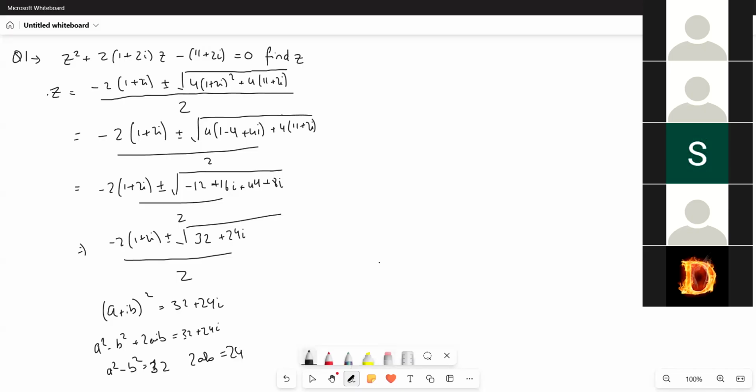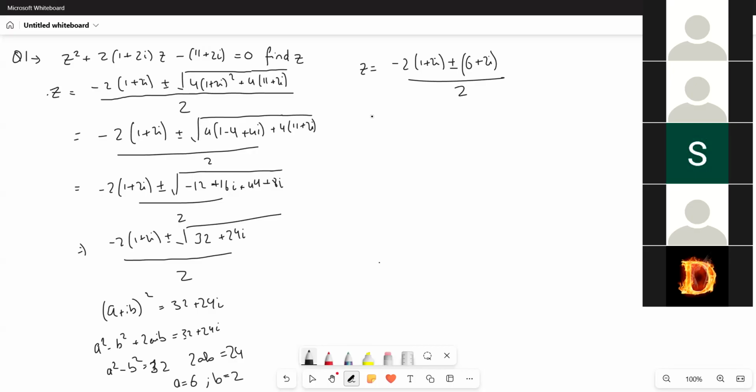So from here, by hit and trial, what will be the values of a and b? a will be 6, b will be 2. 36 minus 4 would be 32 and 2 into 6 into 2 would be 24. So 32 plus 24i would be (6 plus 2i) whole square. Okay? So in that case z will end up becoming minus twice of (1 plus 2i) plus minus (6 plus 2i) whole divided by 2.